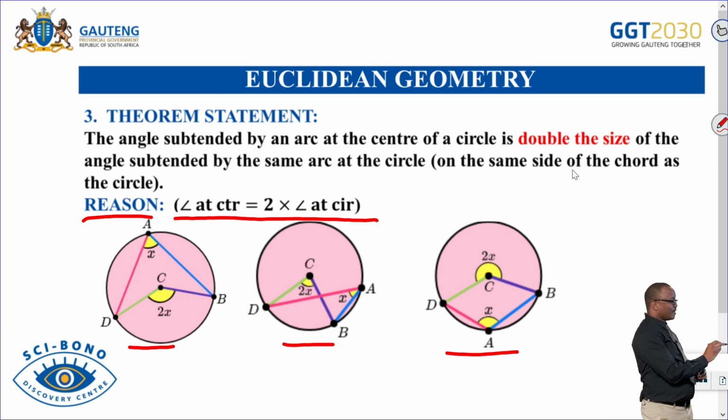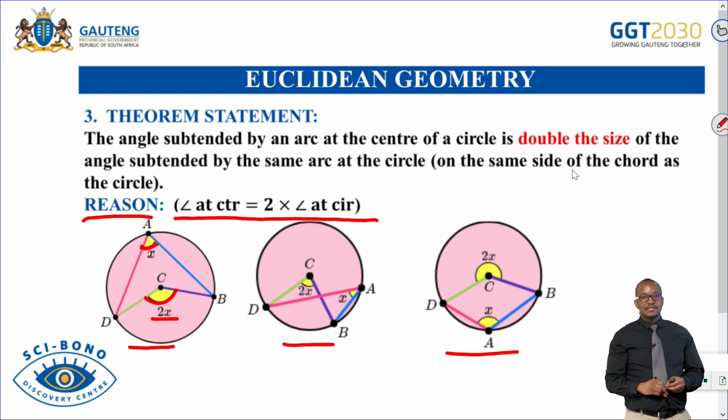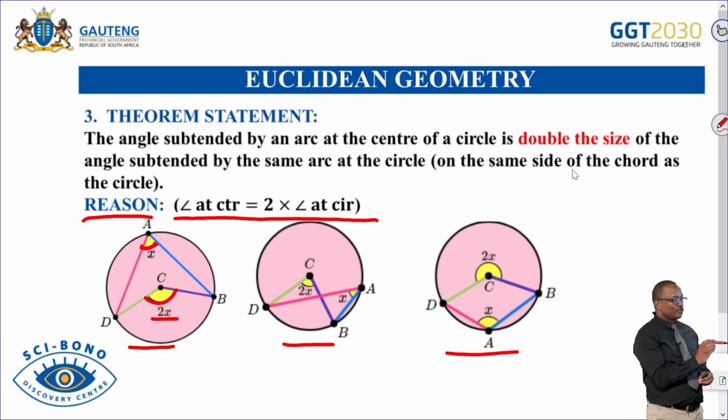So the first one, remember, we are having the angle at the circumference, which is x, and the angle at center is going to be 2x. Correct? Now look at the first diagram, we had something like that.